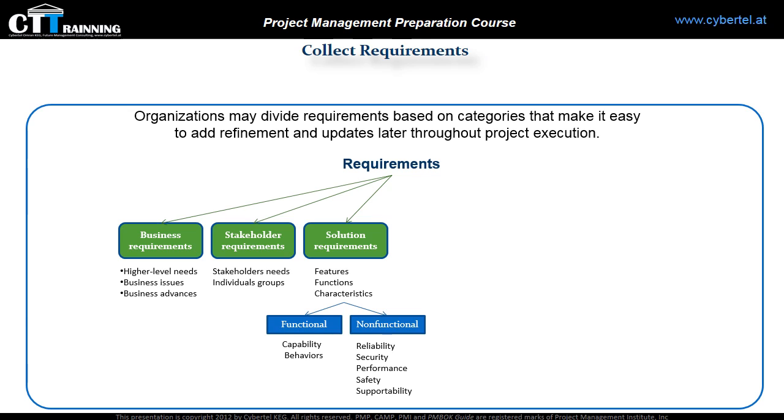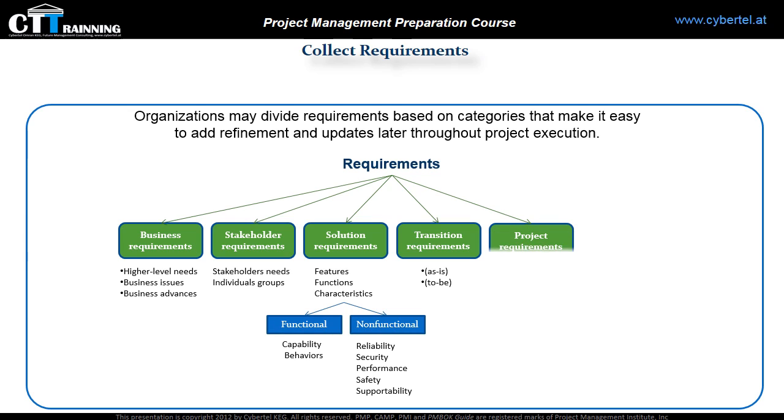Non-functional requirements describe the environmental conditions or quality required for the deliverables, such as reliability, security, performance, safety and supportability, etc. Transition requirements describe temporary capabilities and the requirements needed to move from the current status, as is, to the future status, to be.